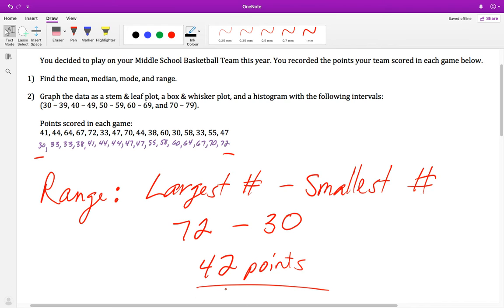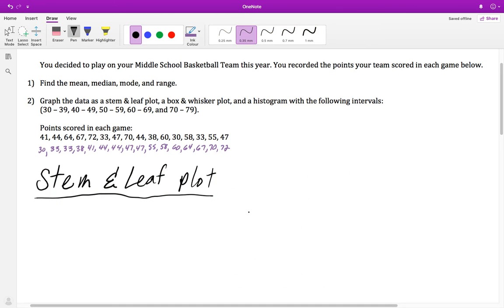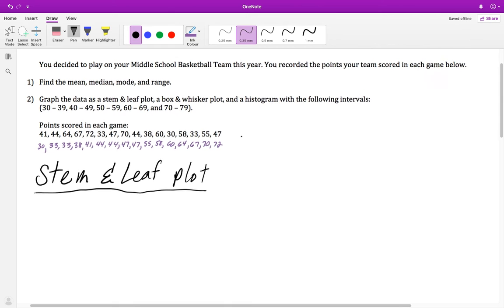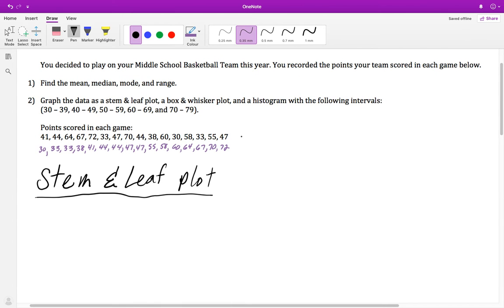All right, now we're going to move on to number 2, which is graphing these in 3 different ways. The next one that we're going to do is our stem and leaf plot. When we go to do this, the first thing that we're going to have to do is create where our stem and leaf is going to go. I'll draw my little T chart.